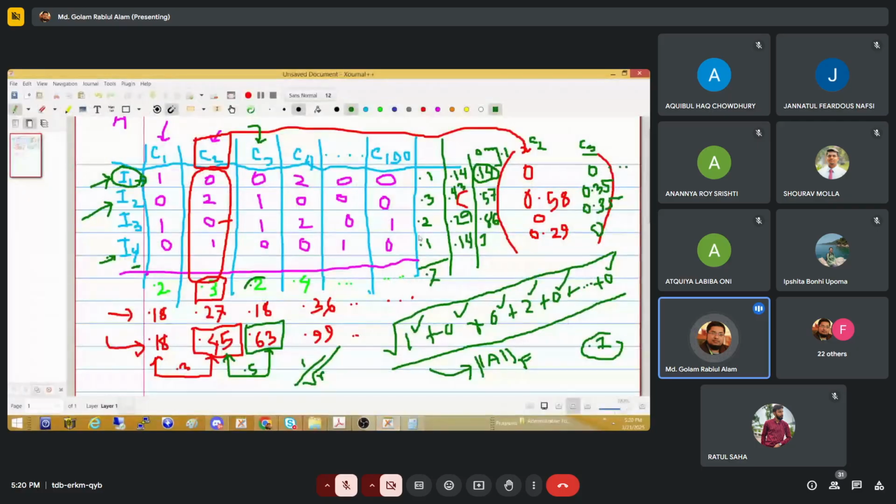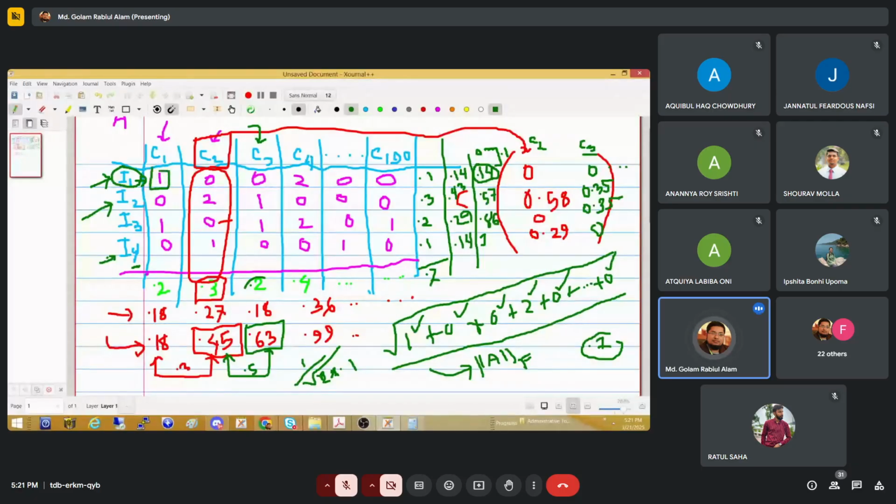So in that case, maybe we can consider 2 times the value of that, the probability of that. So this one has the probability 0.1. So each and every value we can think about those probability values. So now we can see the first value will be C1.